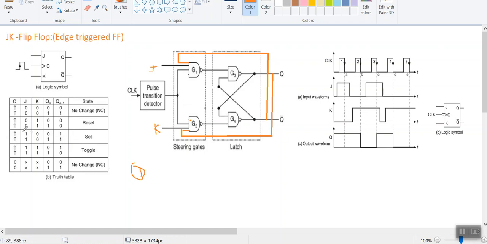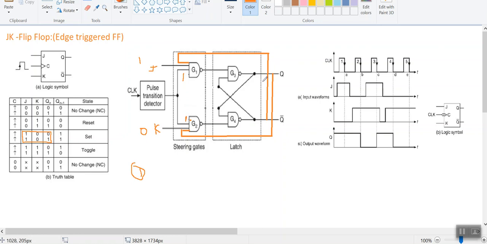Let me consider this particular case. Now my J is equal to 1 and K is equal to 0. The clock is always equal to 1, because, as I explained, the clock is positive edge going. Therefore, I consider my clock signal as 1 here.